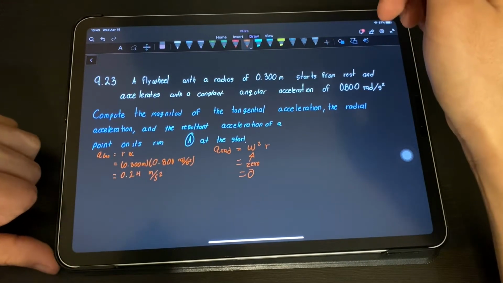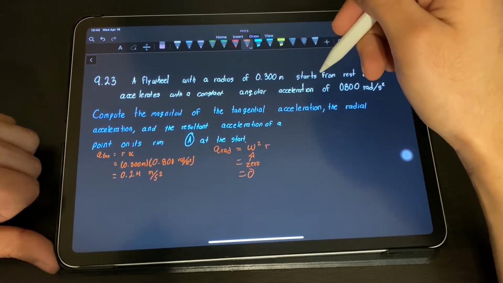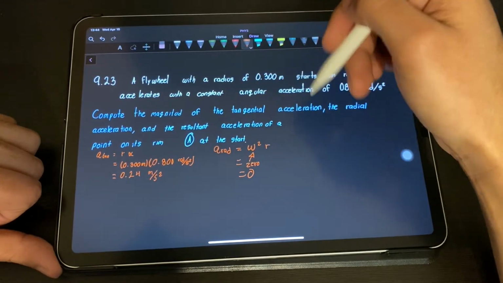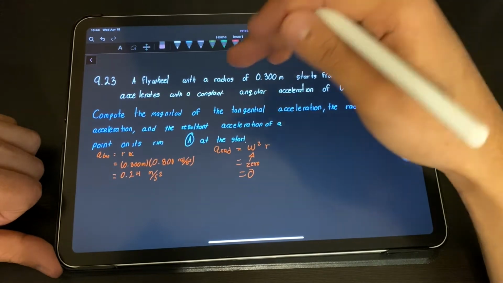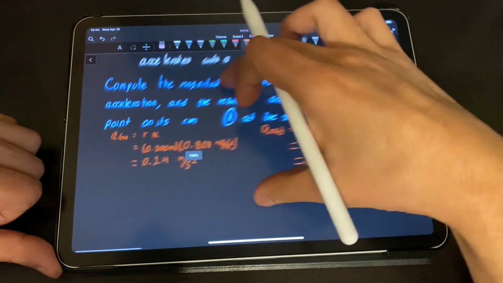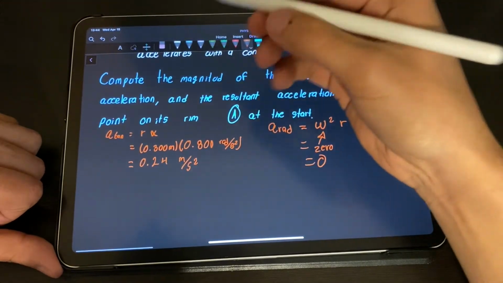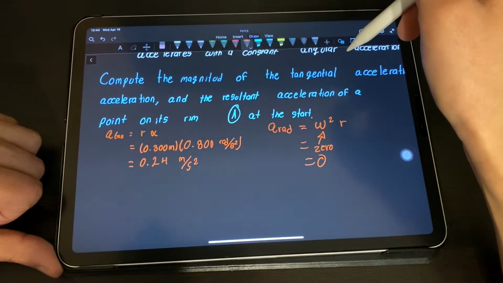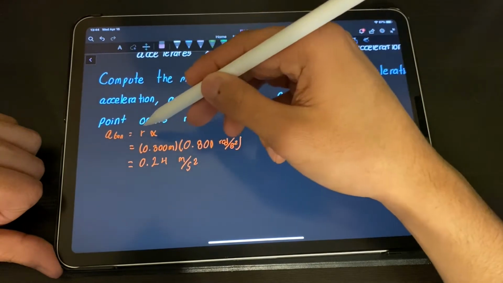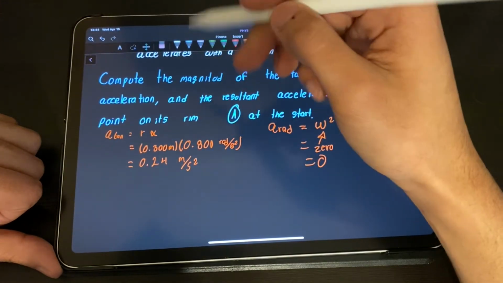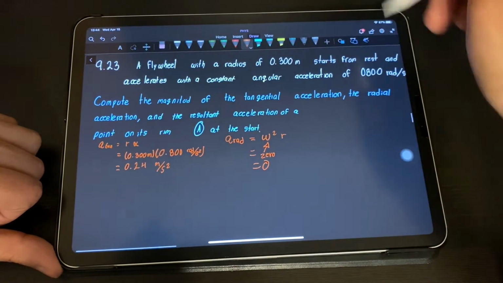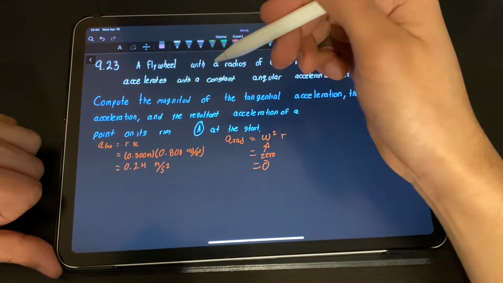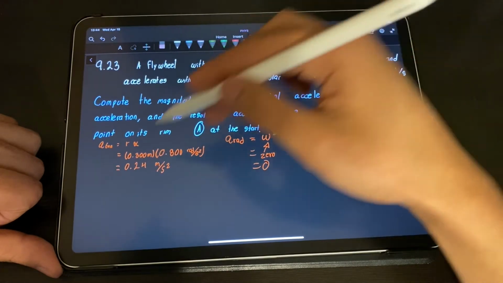And something important that we can take from this is that the tangential acceleration is gonna be the same throughout the whole process, because the formula is the tangential acceleration equals the radius times the constant angular acceleration, which is not going to change throughout the whole process.